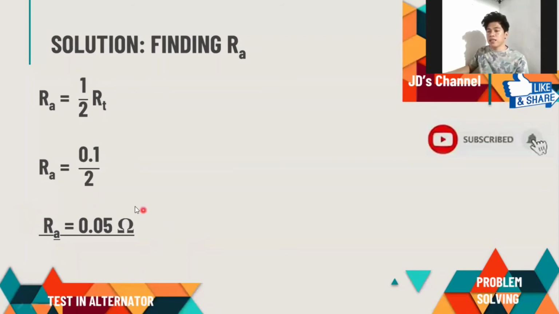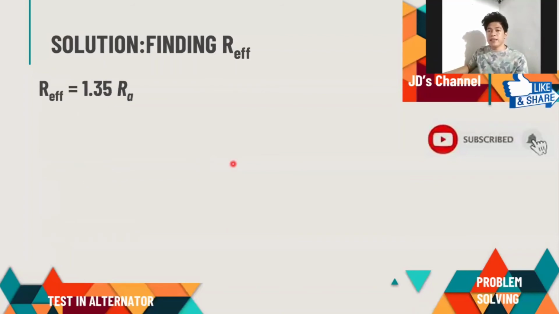And then we substitute this into our formula to get the effective resistance, that is 1.35 of our RA. So the next one, class, is finding the effective resistance.